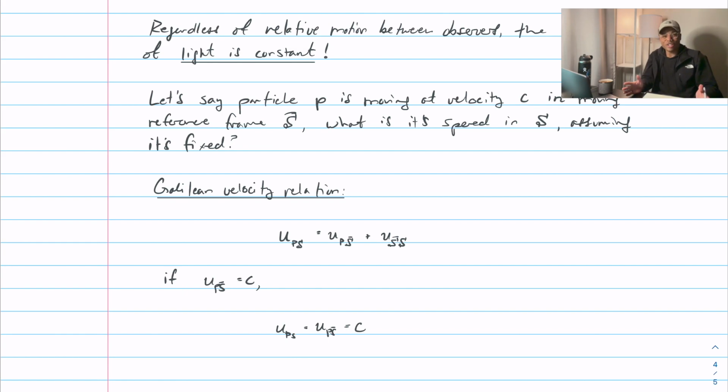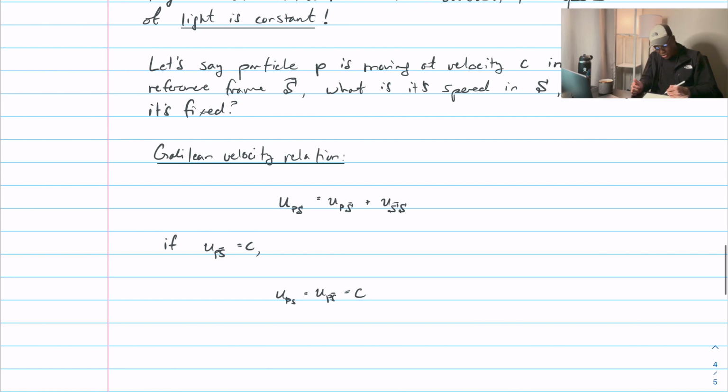But how is that supposed to work? This is what gives rise to a lot of fundamental questions: what are we supposed to do with this new assumption that we're making if we don't believe that it fits any of the relations and equations that explain mechanics as we know it?